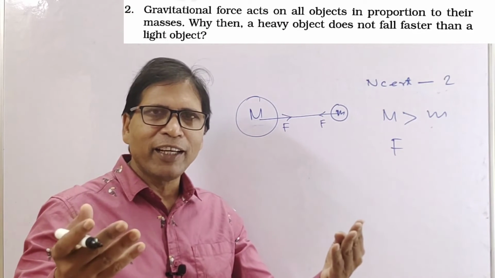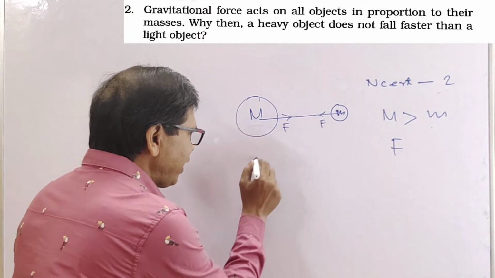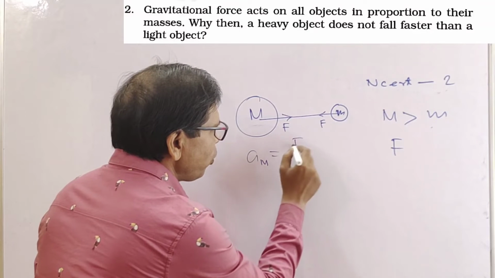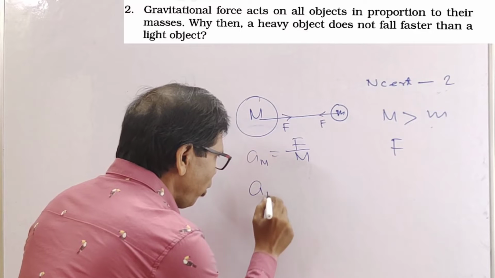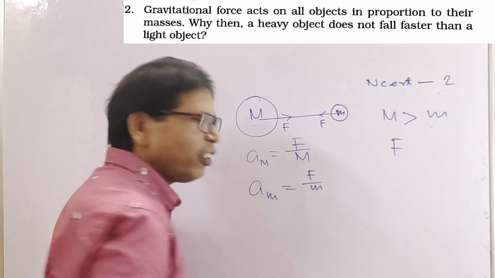So whatever be their mass, the force of attraction is the same. Why does the heavy mass not fall faster? The acceleration of the heavy mass, A_M, is the force by mass. And the acceleration of the small mass is the force by the mass of the small body.